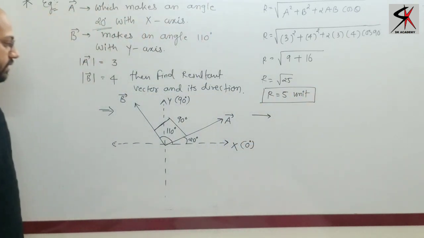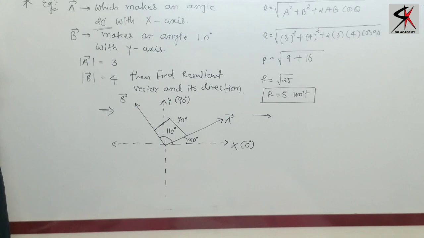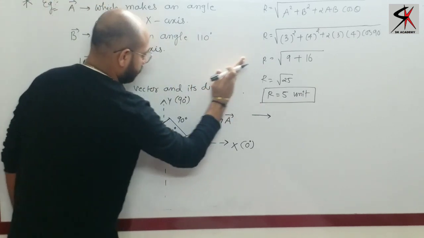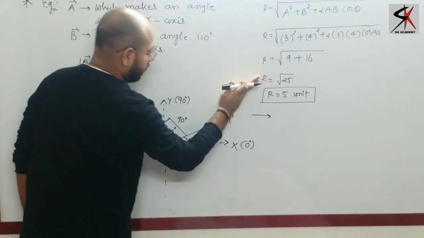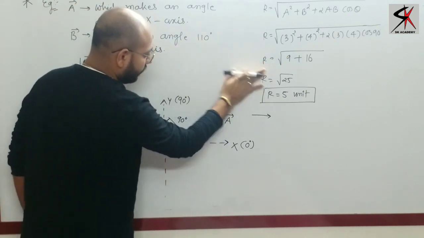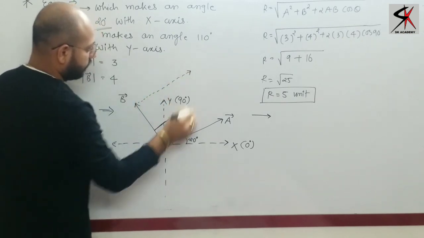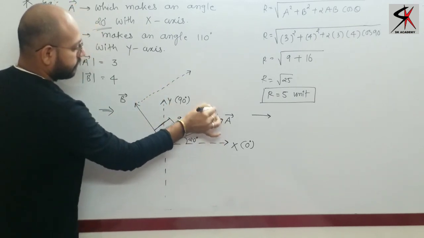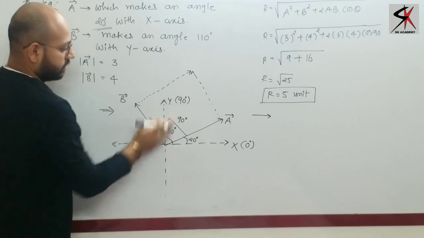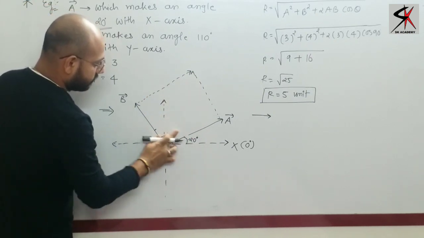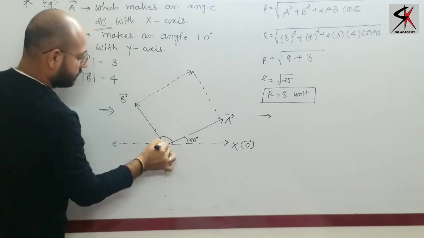Now for direction, I will draw the parallel vectors of A and B respectively. Now here the resultant becomes like this. This is the resultant.